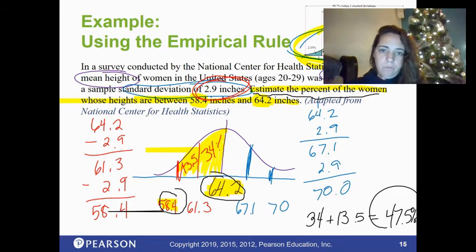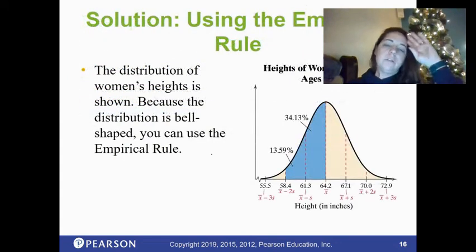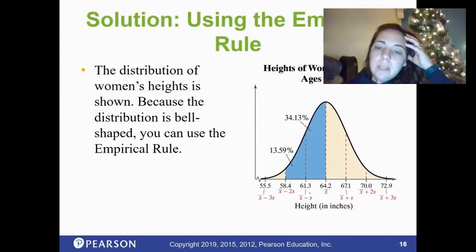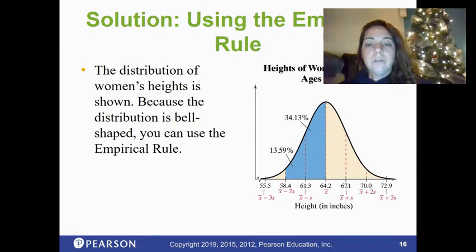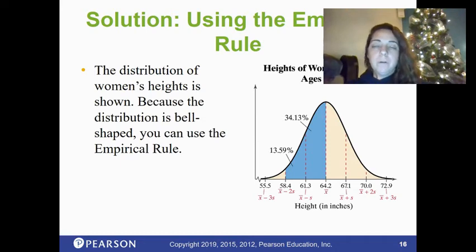Now we're going to look through how they worded it in lots of words and lots of pictures. They drew the graph that I did, except more precisely. Then they got more specific and probably used a calculator to come up with these percents. We are going with about 34 and about 13.5.